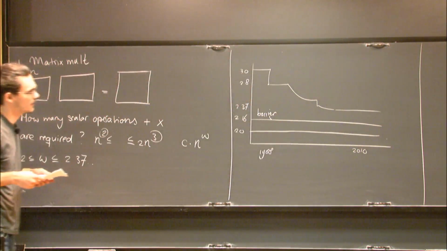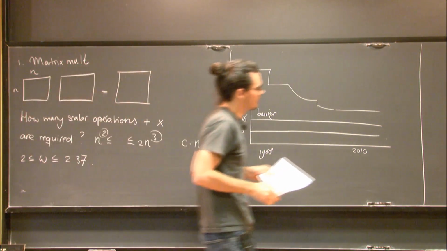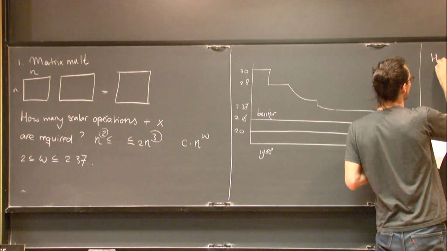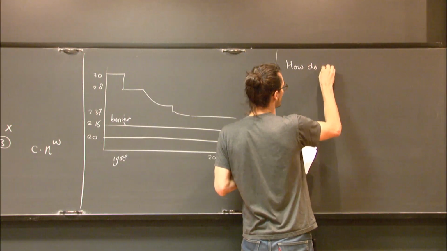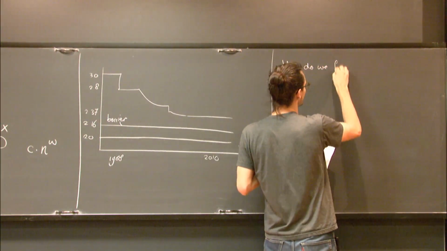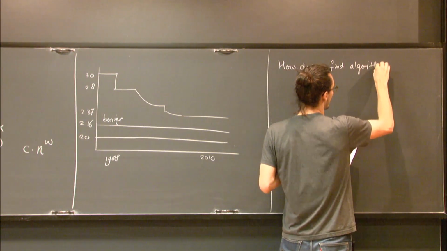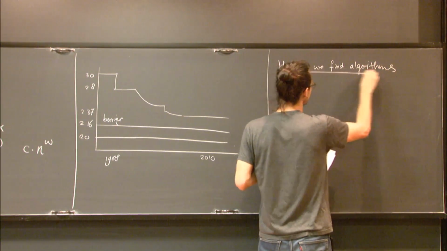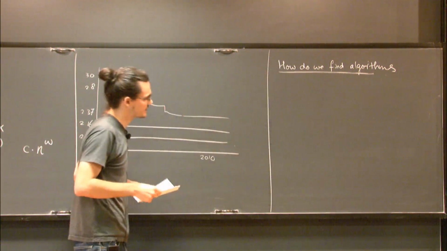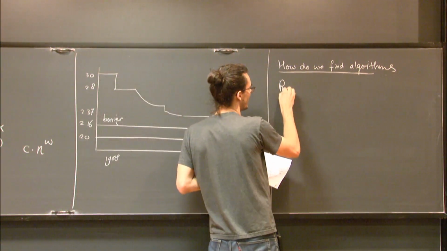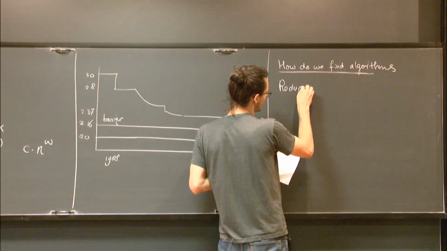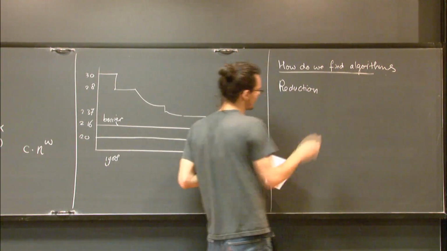All right. Okay, so how do we find algorithms? On a high level, the idea, and that's how I want to think about it today, is that it comes from a reduction.